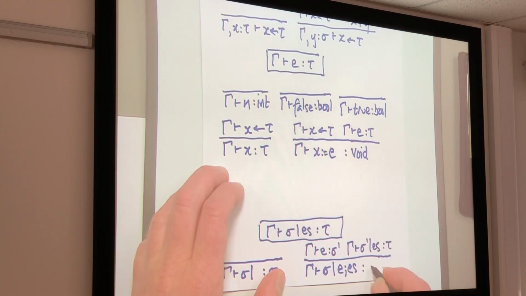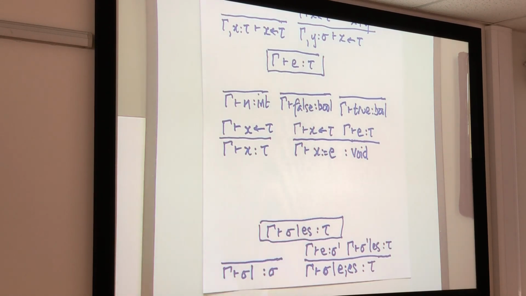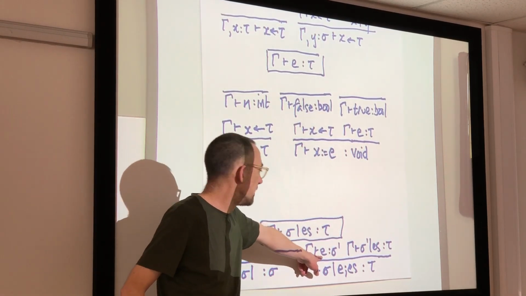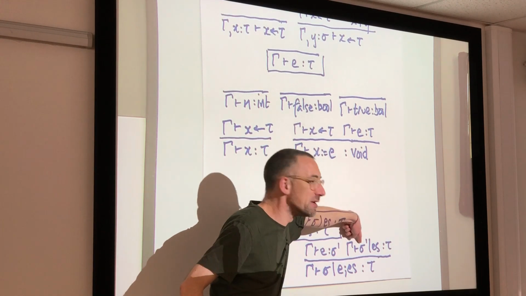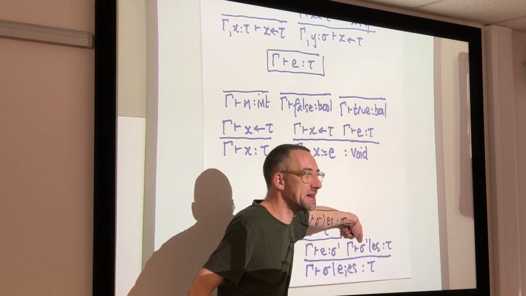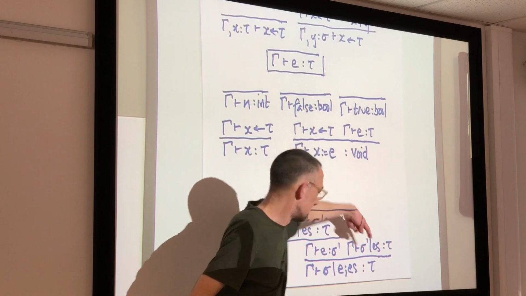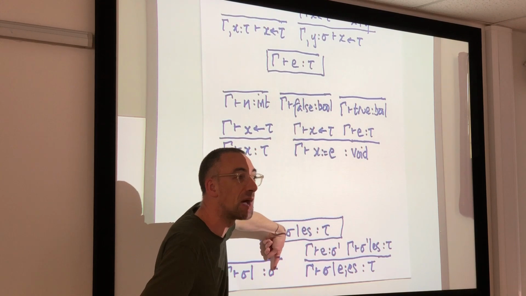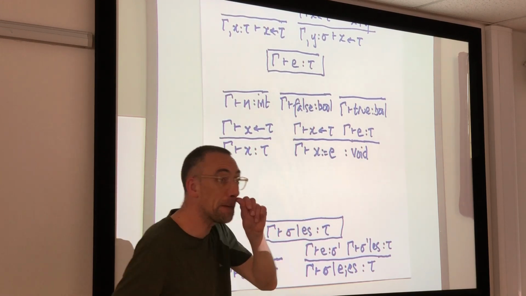And since tau comes out from the end of E's, tau comes out from the whole thing. So this judgment has a little extra, like a memory of the type of the last thing we saw. Every time we type check an expression in a block, we remember its type in case it's the last thing in the block, so that when we eventually reach the end of the block, the thing we remembered as the last type we saw is the type we give back for the whole block. See what's going on there?